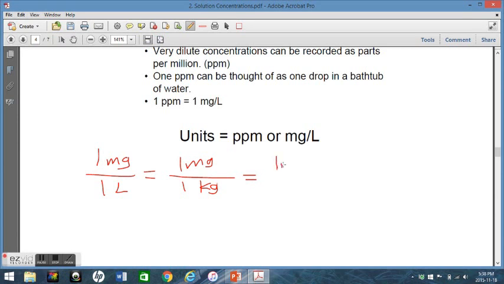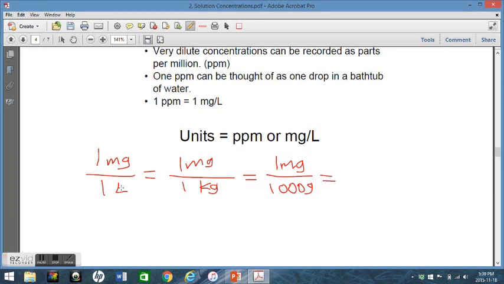So this is equal then to 1 milligram per 1,000 grams. How many milligrams are there in 1 gram? Guess what? There's 1,000. So what is 1,000 times 1,000? You punch it in your calculator. Oh, it's 1,000,000.